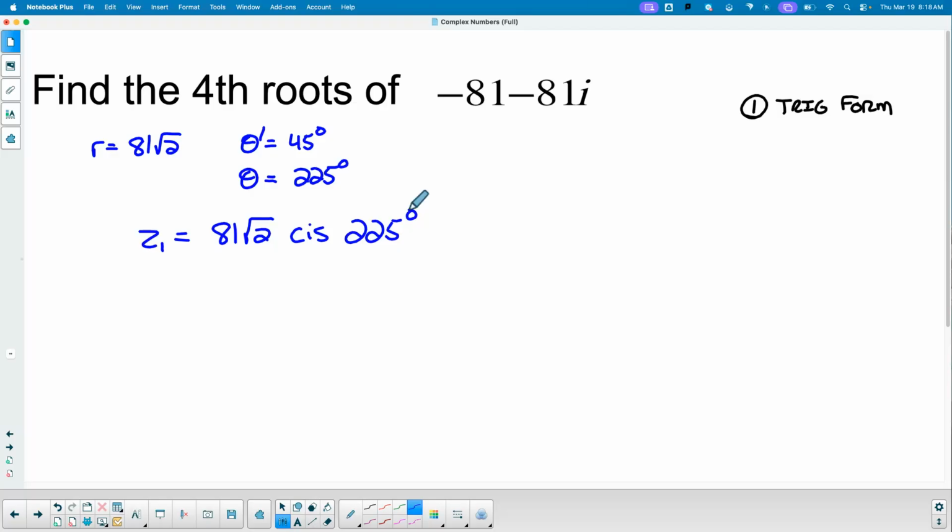We need to take that to the 1/4 power, because we're taking the 4th root of it.